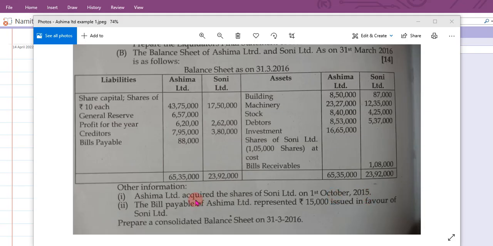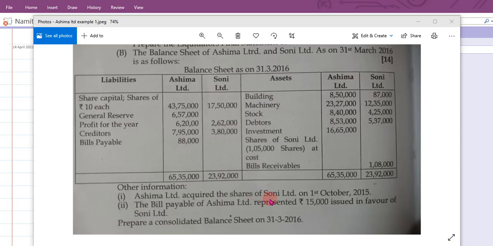So here on the asset side under investment, it is given that Anshima Limited has acquired the shares of Sony Limited. The number of shares is 1,05,000. So Anshima Limited has acquired 1,05,000 shares of Sony Limited.